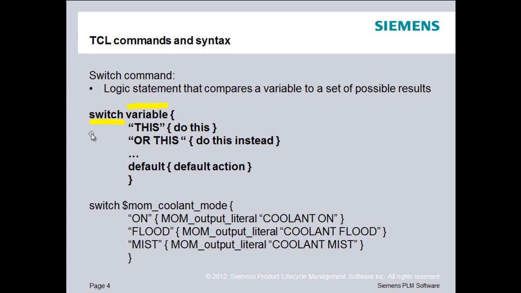Now this is a literal comparison, so if it matches this comparison exactly, capital T, capital H, capital I, capital S, then it will do what's inside of these curly braces. If not, it will go to the next item in the list and compare that. Once it finds one, it will do the action within that framework surrounded by curly braces.